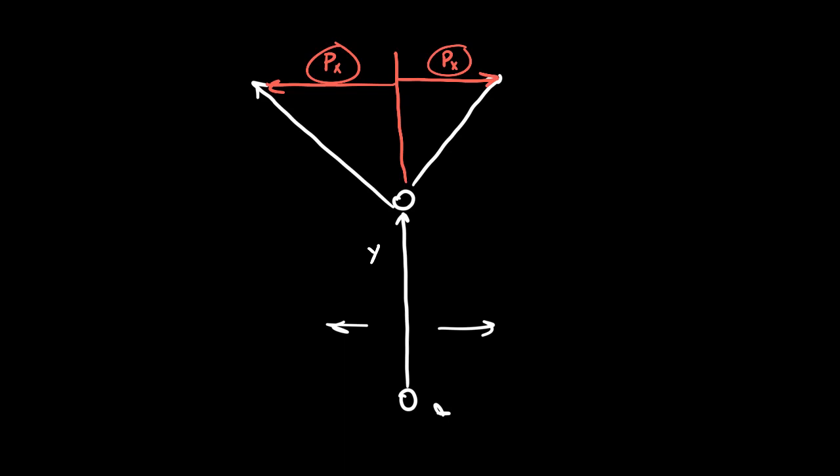Also, since the ball had a single y momentum before the collision, if I look at the y momentum of each ball, they should add up to equal the y momentum before. The x momentum of the ball is going to be the velocity of the ball, in this case the distance, times the sine of the angle.